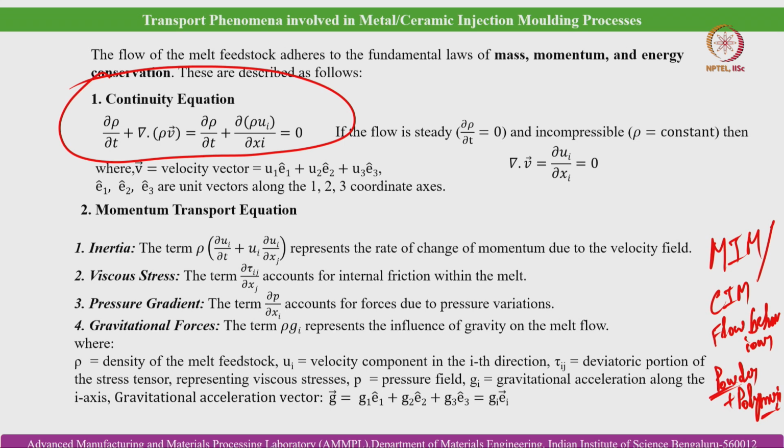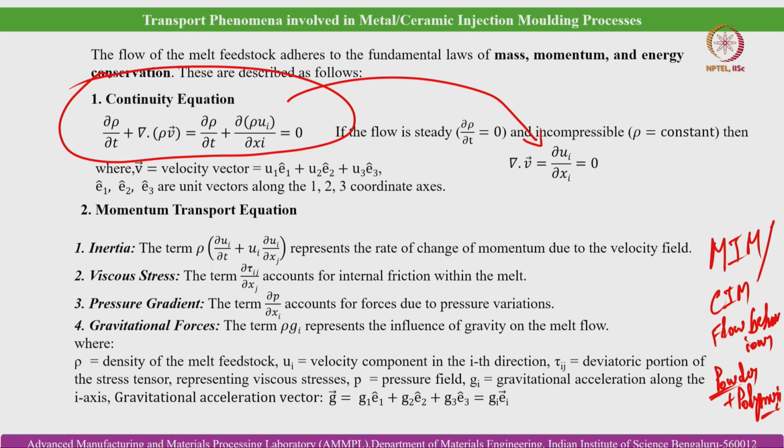When the flow is incompressible, the density is uniform across all the region and there is no change in density, so ρ is constant. Then this equation reduces to ∇·v = 0, that is, ∂u/∂x + ∂u/∂y + ∂u/∂z = 0.